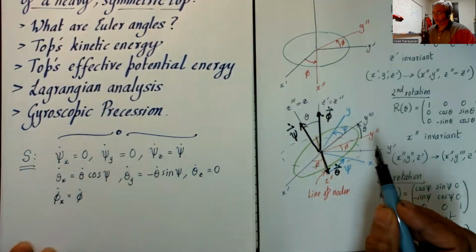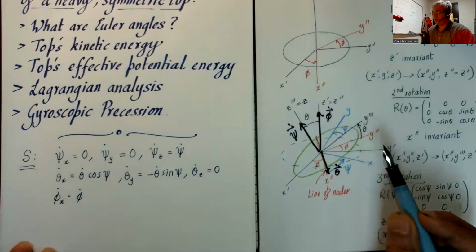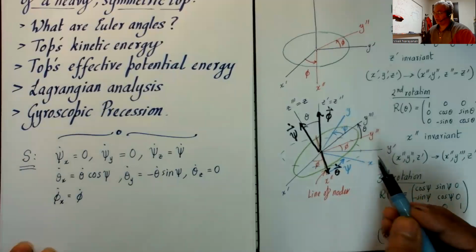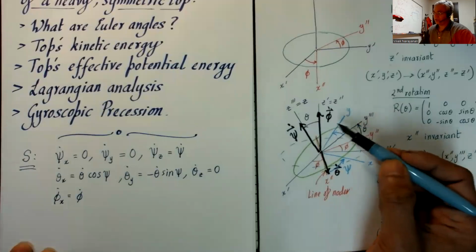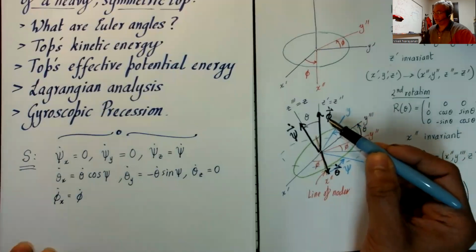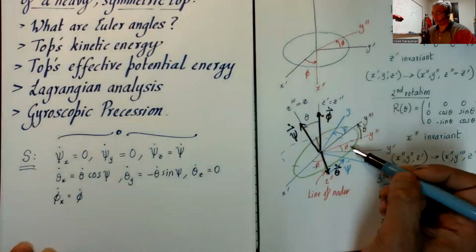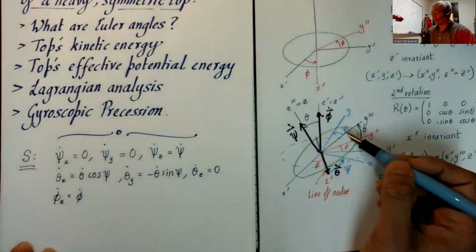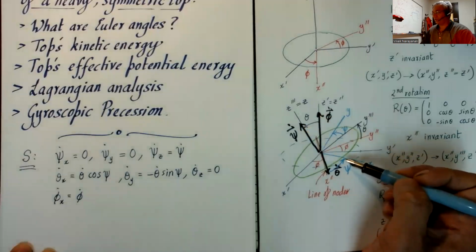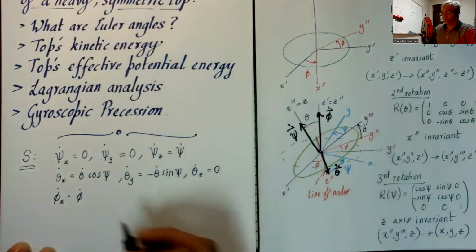So if you want to get the x component, what you have to do first is you take the sine theta component of it, which will put you in the xy plane, and then take a further sine psi to give you the x component.